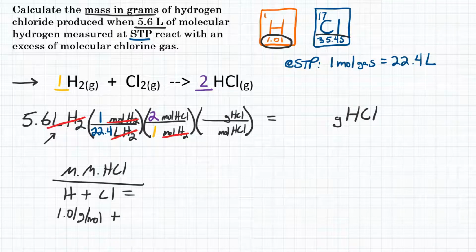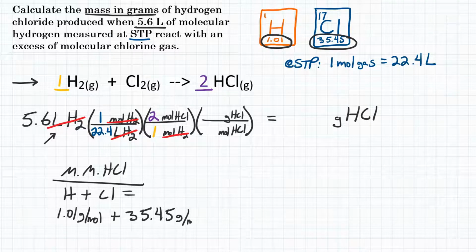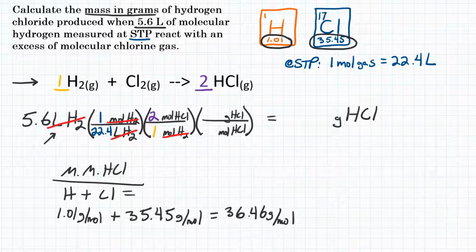Element 17 has a molar mass of 35.45 grams per mole. Add those two together, and we get a molar mass of 36.46 grams per mole. So that is what will go into our final conversion factor, where 36.46 grams is on top and 1 mole is on the bottom. And moles of HCl will cancel, and we are left with exactly what we want, which is grams of HCl.